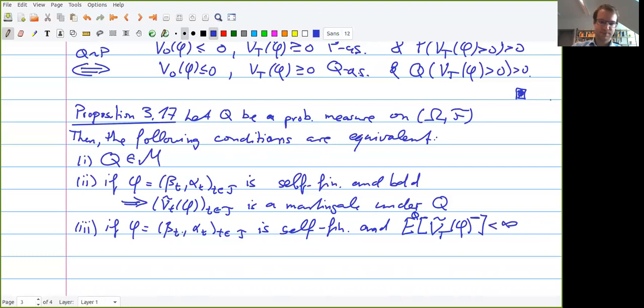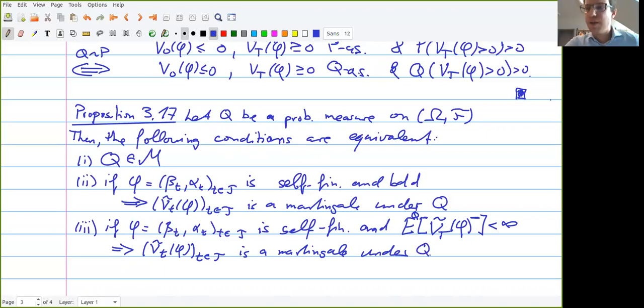This is my assumption. Then the discounted value process is again a martingale under Q. And so you see, we have now dropped the assumption of phi being bounded. Our trading strategy is not necessarily bounded anymore, but we have replaced it by the condition that the negative part of the associated discounted value process is integrable.